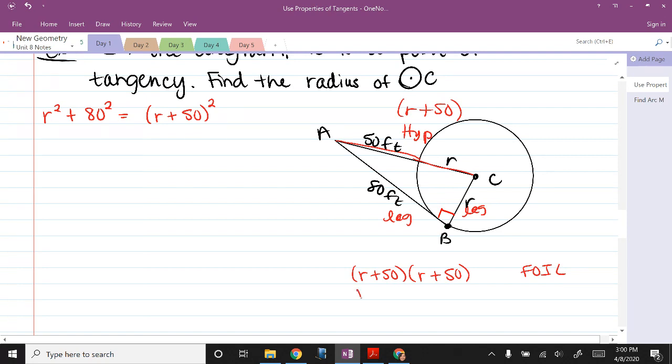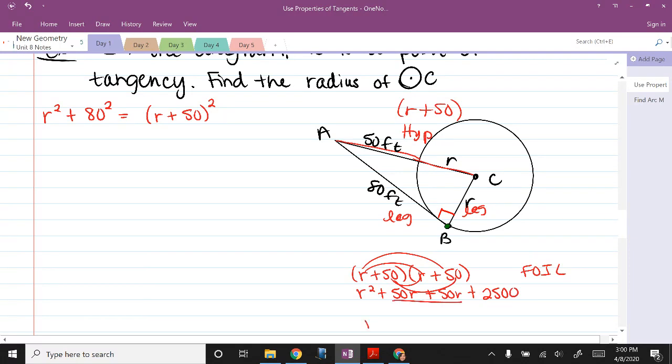So R times R is R squared. R times 50 is 50R. 50 times R, remember the rainbows, is 50R, and then 50 times 50 is 2,500.